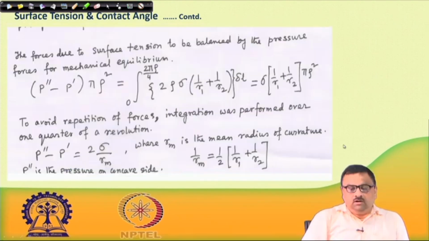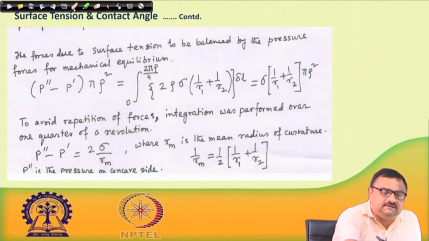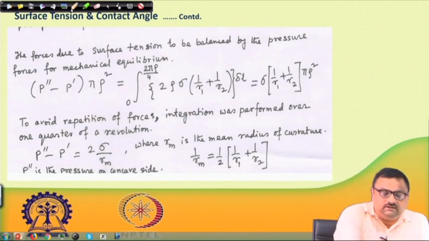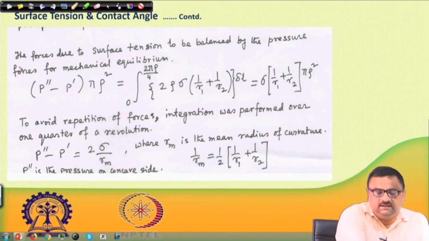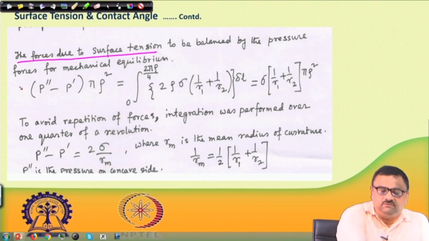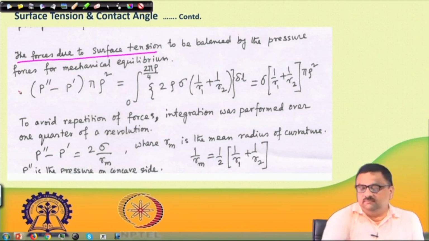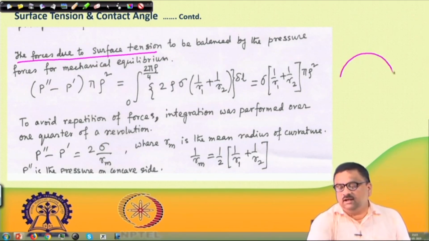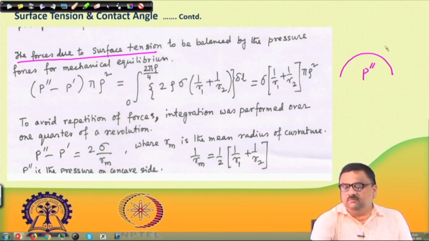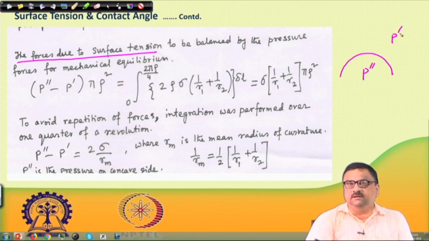So, what we did in that case is we said that the forces due to surface tension are to be balanced by the pressure forces for mechanical equilibrium. That means we are holding a curve like this. Inside the pressure is P double prime, outside the pressure is P prime.